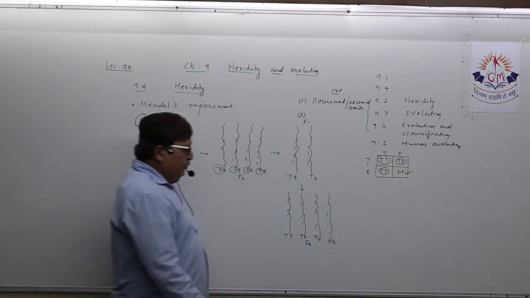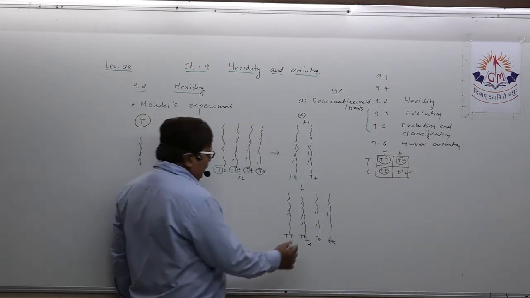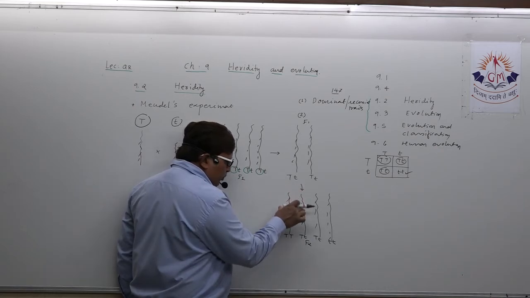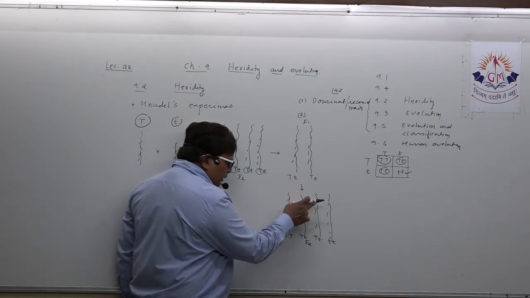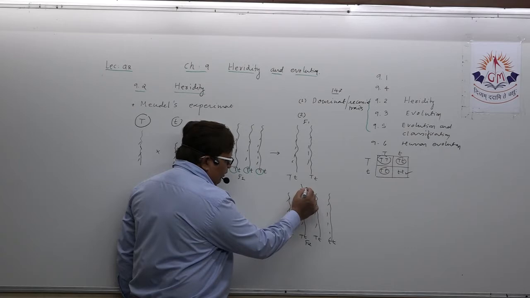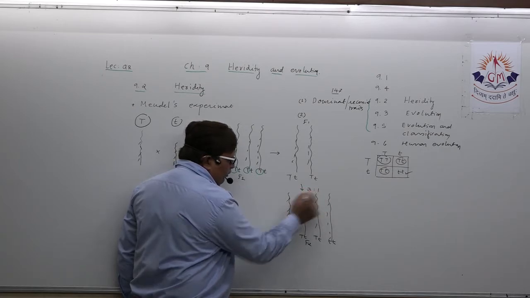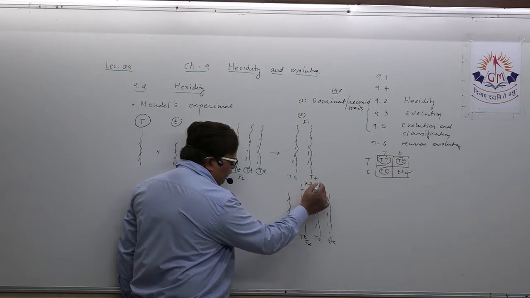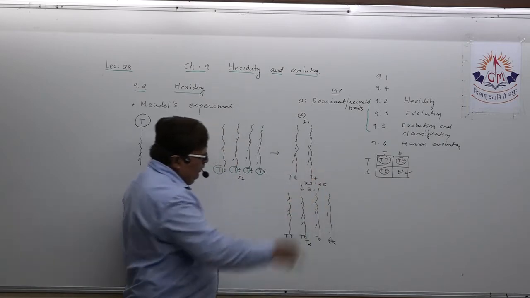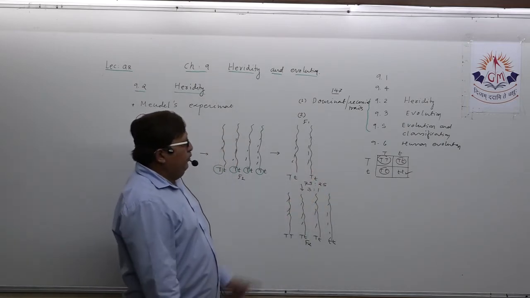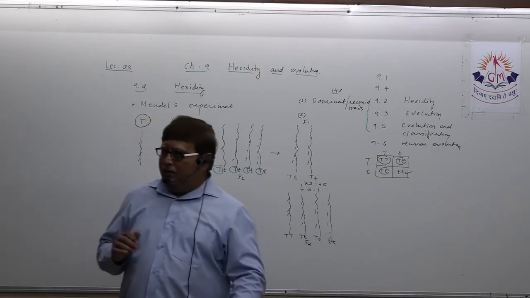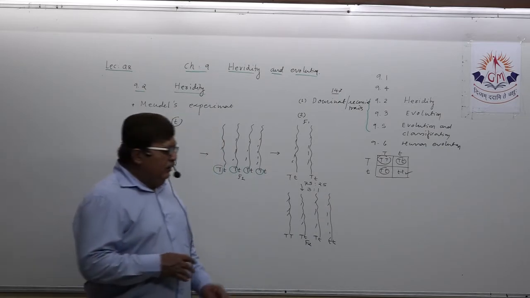That means one thing is clear, that in the F2 generation, the ratio of dominant trait to recessive trait you can say is 3 is to 1. To make it simpler, 75 is to 25 percent. So he explained, understand, that it happens in the next generation.